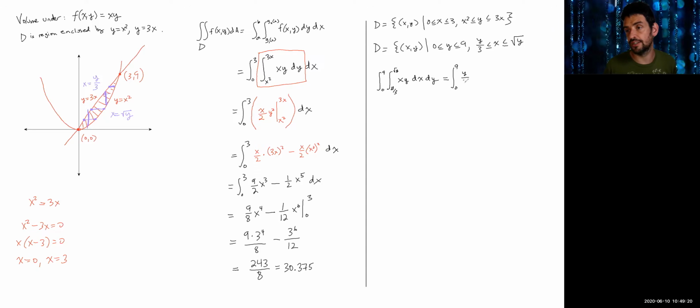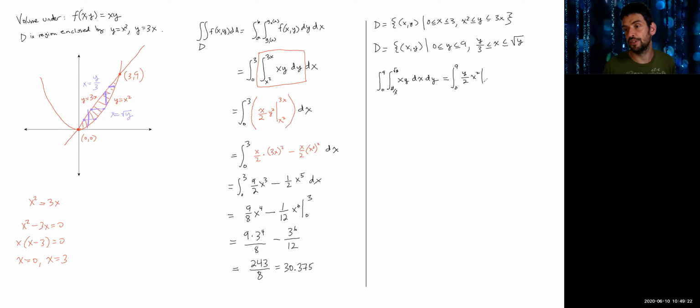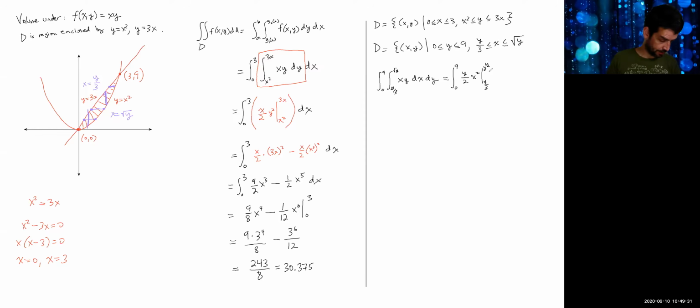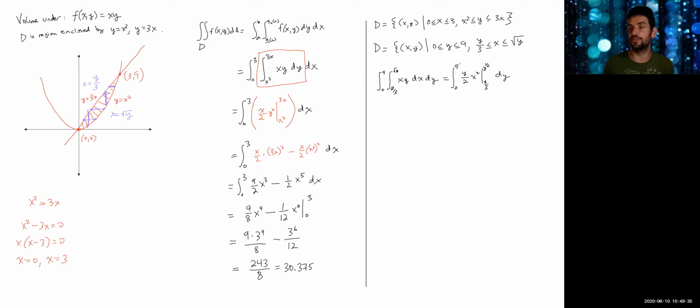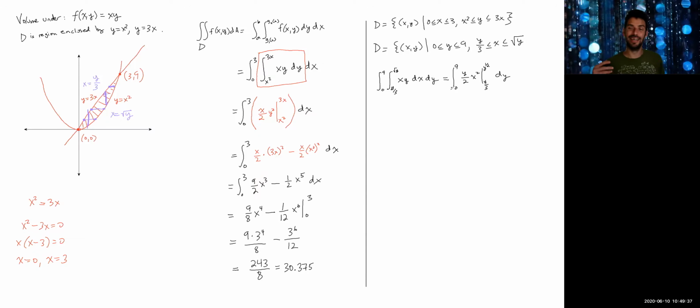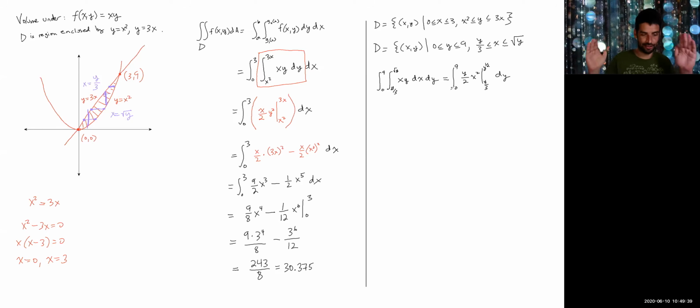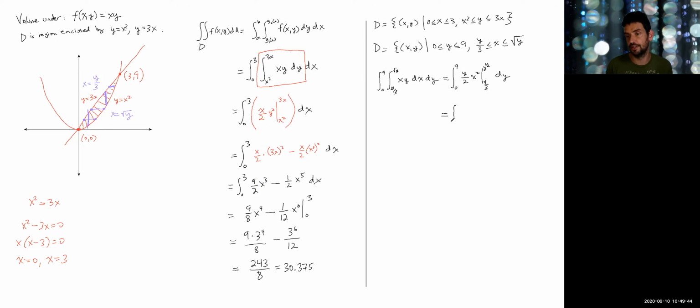I've got y as a constant, and I'm evaluating it from y over 3 to, let's change this to a rational exponent, y to the 1/2, dy. Again, the integral sign at the beginning and the dy at the end are just containing this thing for the moment, so all the work's happening on the interior.